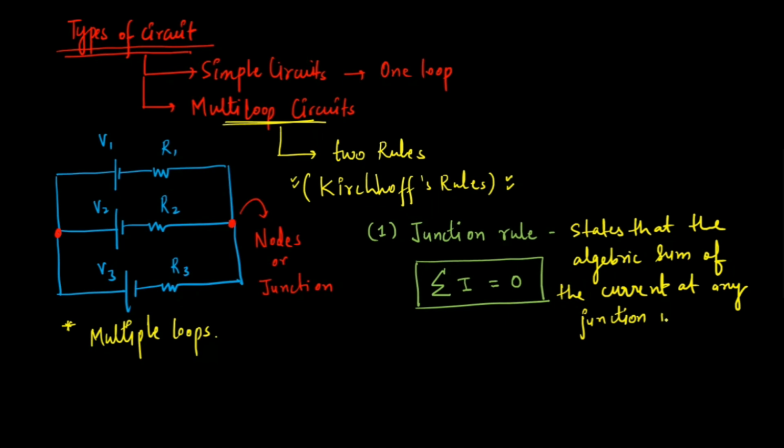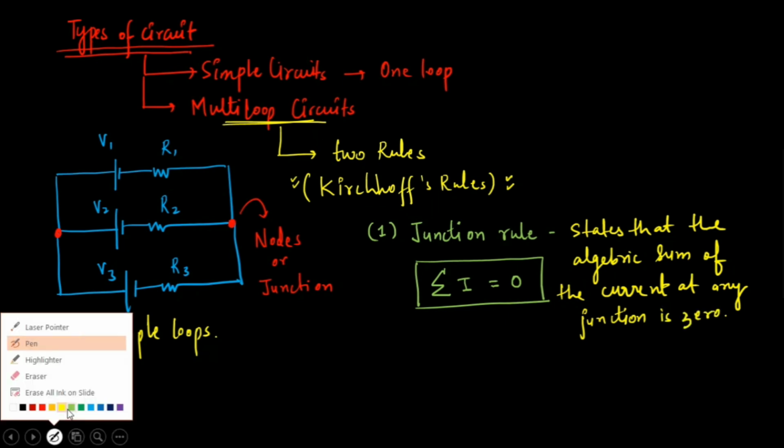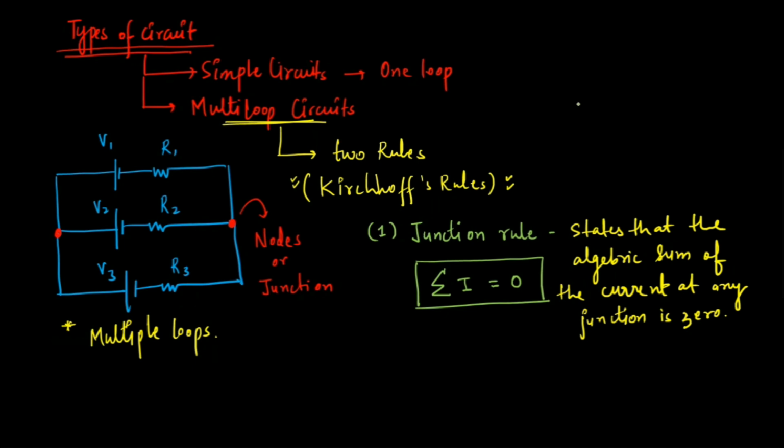It simply means, suppose there is a junction having many wires connected to it, like that. And what we observe here is that there are different values of current in each wire.